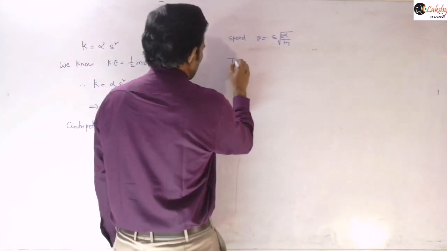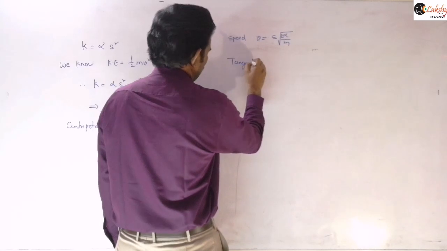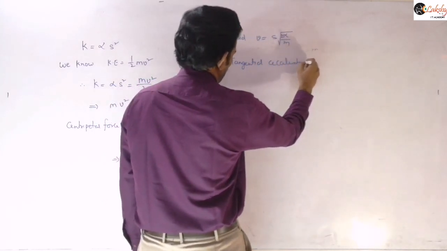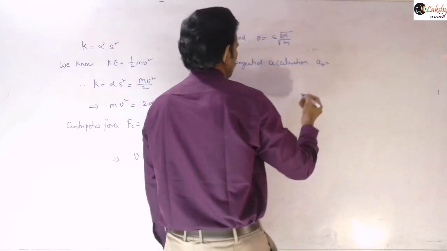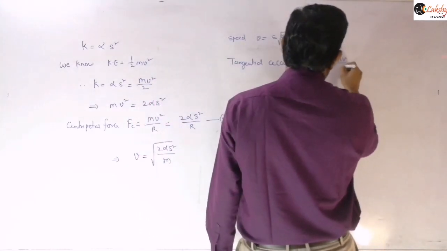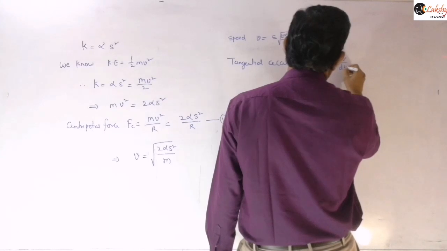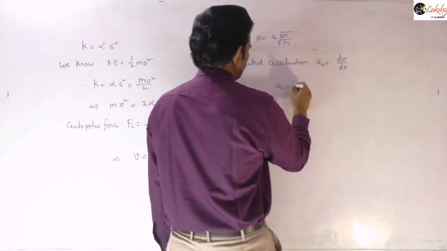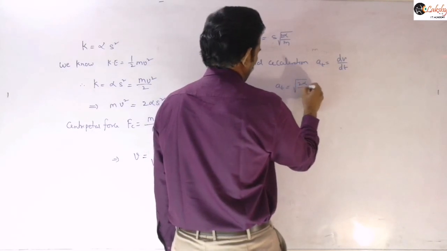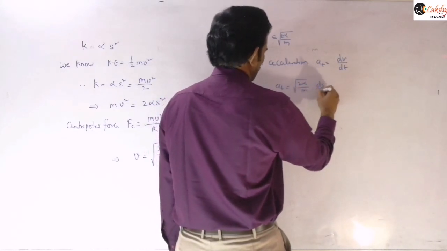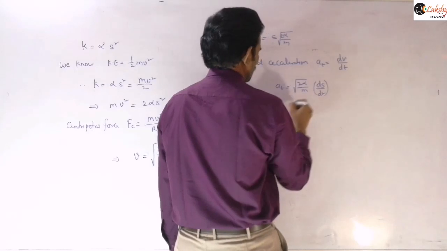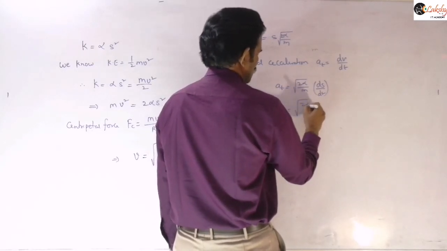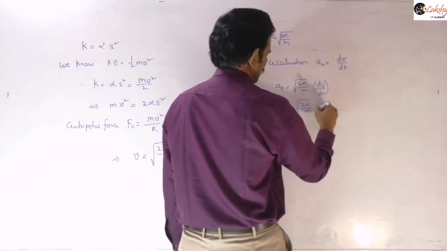And so now I am writing this tangential acceleration here. Tangential acceleration at is equal to dv by ds into ds by dt, and therefore at is equal to under root of 2 alpha by m into ds by dt. So now ds by dt is nothing but the speed of the particle. So then this is v.